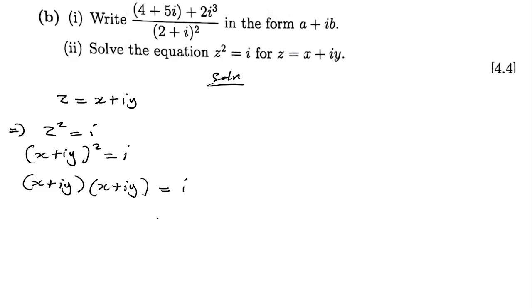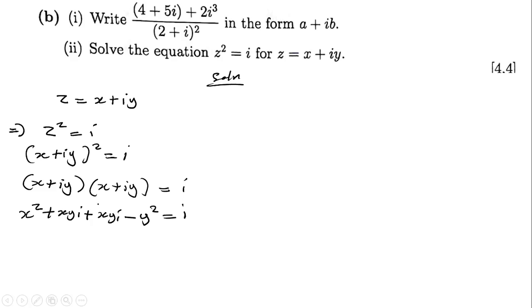Then after you do that, you're just going to multiply these guys. You're just going to say x times x is going to be x squared, x times iy, it's going to be plus xiy, and then iy times that, it's going to be plus xiy, and then that one times that one, it's going to be negative y squared is equal to i.